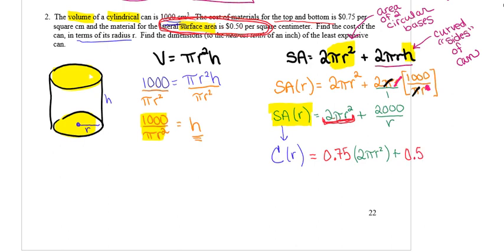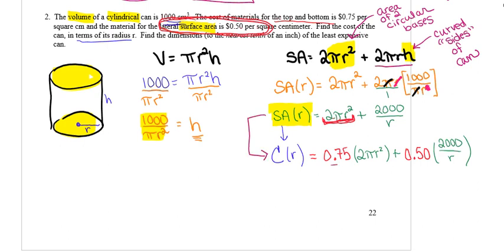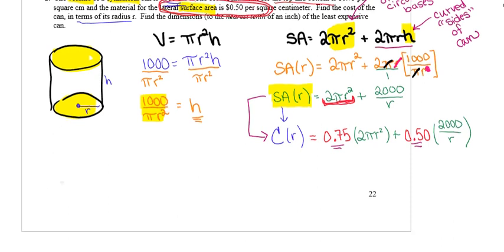So I'm going to take that cost, 0.50, and multiply it times the area of my lateral surfaces, or the area of my curved pieces that make up the sides of my can: 2,000 divided by r. Perfect. So again, note here that the surface area function changed into the cost function simply by multiplying the cost of each piece by how many square units I have for each of those pieces.